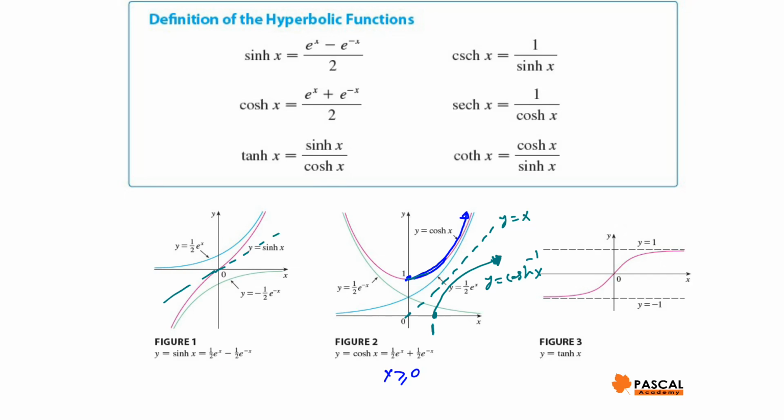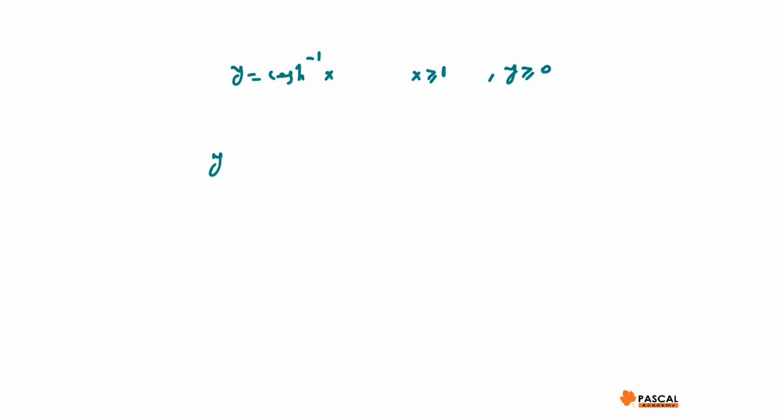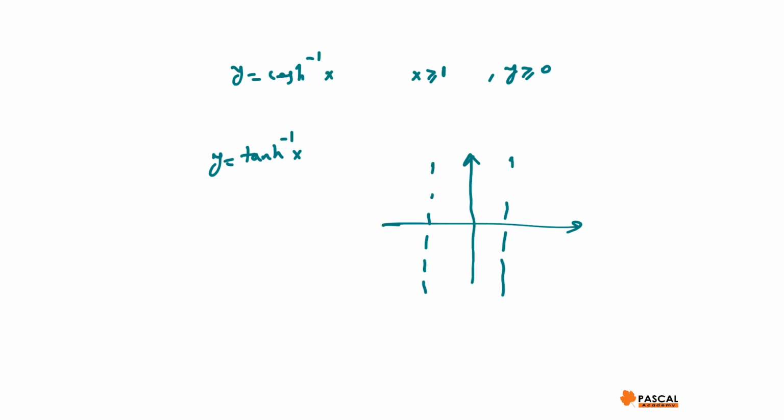The graph of sinh inverse of x, its domain is all real numbers and range is all real numbers, and the graph of tanh inverse of x is something similar to this graph. It has two vertical asymptotes.